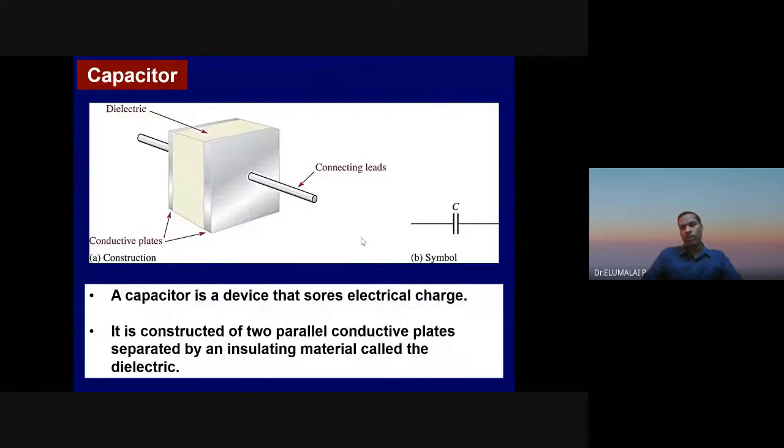So before we go into supercapacitors, the electrochemical capacitors, let us see what a typical condenser or capacitor means, otherwise known as a parallel plate capacitor.